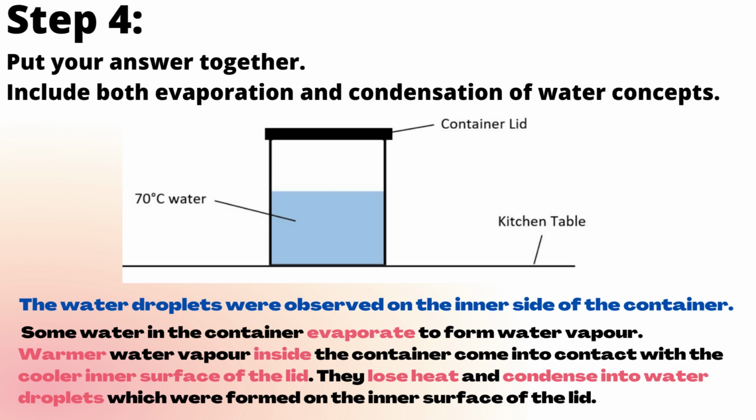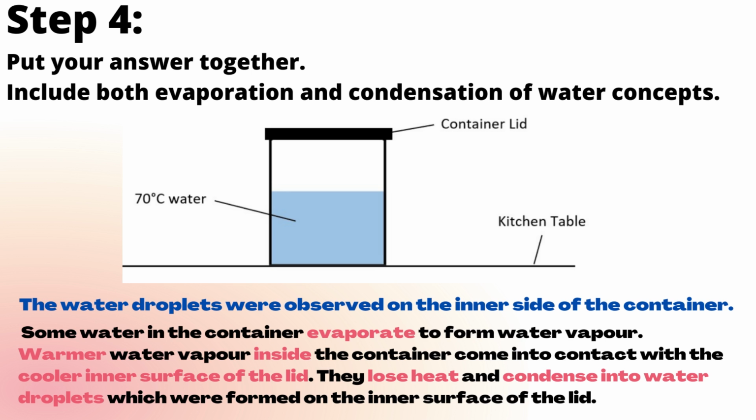All right, so when we put together this answer, what are the key things that we need to include? Let's do a summary again. First, answer the question. How are the water droplets formed? Where are they formed? Inner side of the container. Then explain.